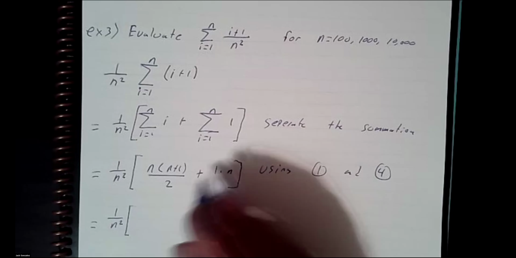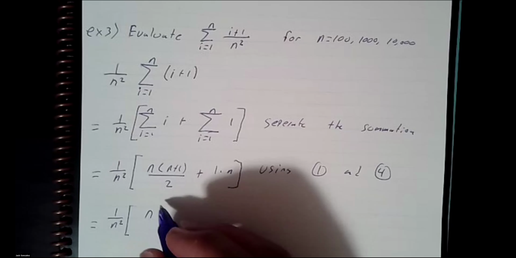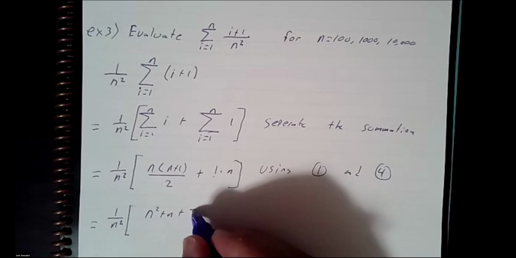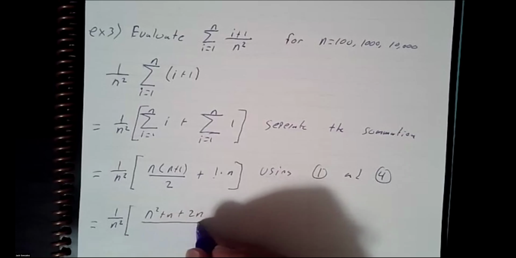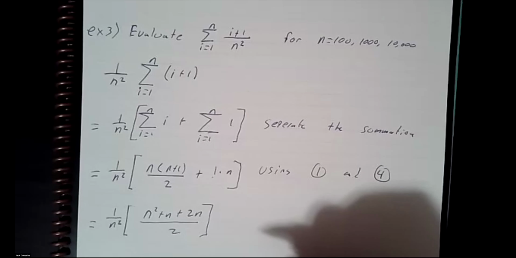So add these up, you'd get, well, first distribute. n times that would be n squared plus n. Get a common denominator, that'll be plus 2n all over 2, right? Add that together.